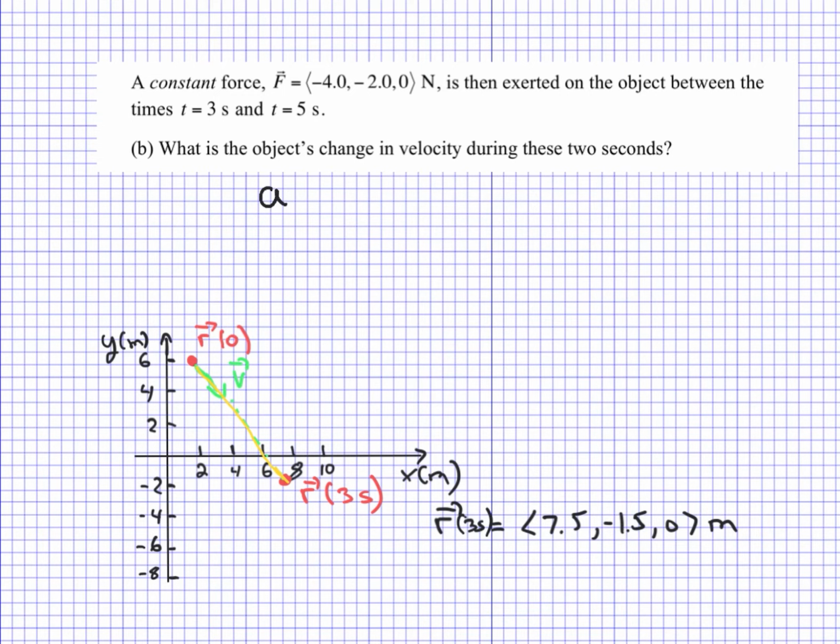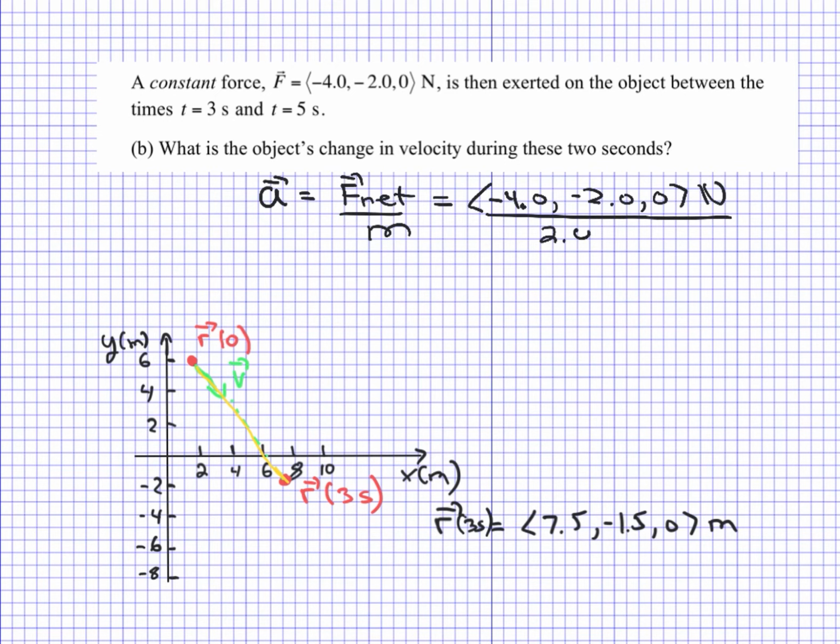So during this window of time, the acceleration of the stone is no longer zero. It's equal to the net force that acts on the stone divided by its mass. And we're given in this case, the net force is given to be -4.0, -2.0, 0 newtons divided by a mass.